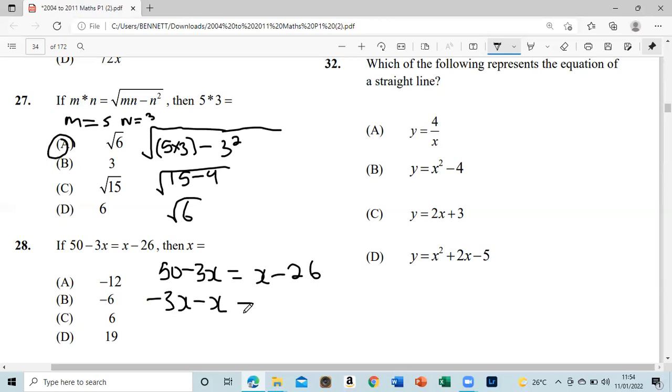This is minus 26 minus 50, right? Because this is a positive 50, so it's gonna become negative. And this will give us a negative 4x equal to negative 76. Then we divide by 4, and that looks like 19 is the answer. Positive, yeah, that's 19, definitely. 4 9 36, yeah. All right, let's move on.